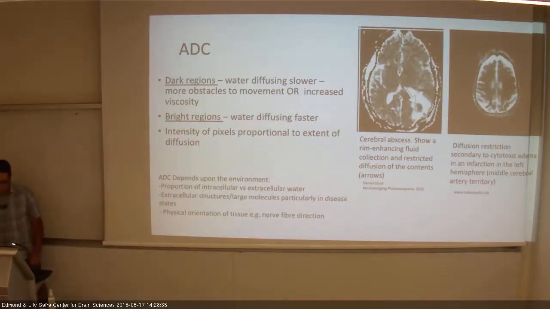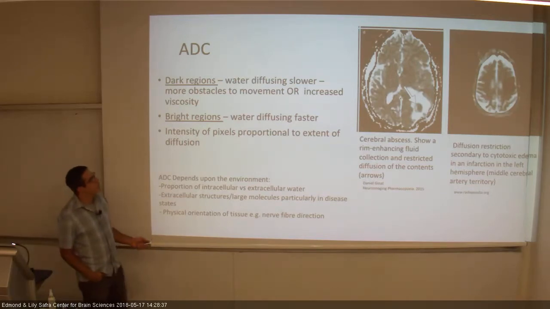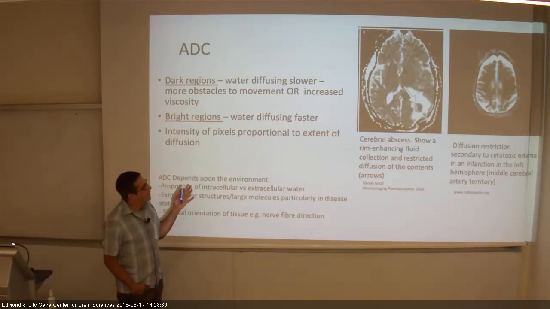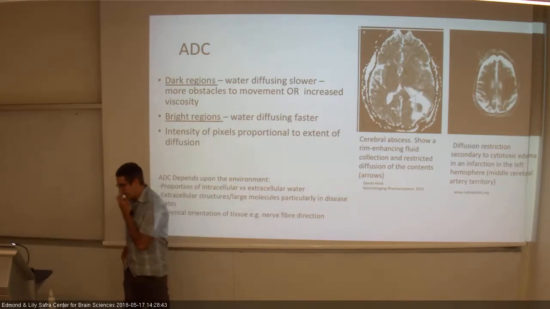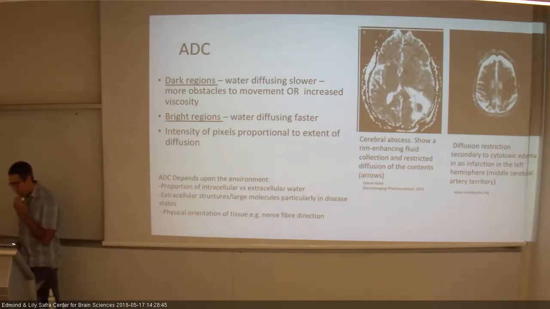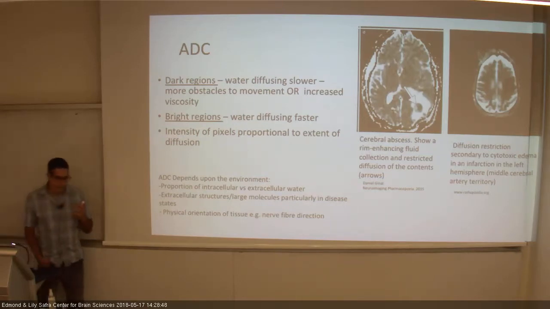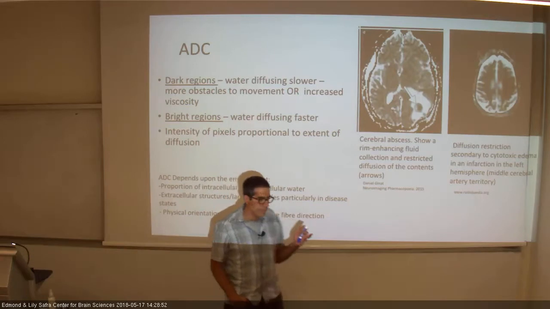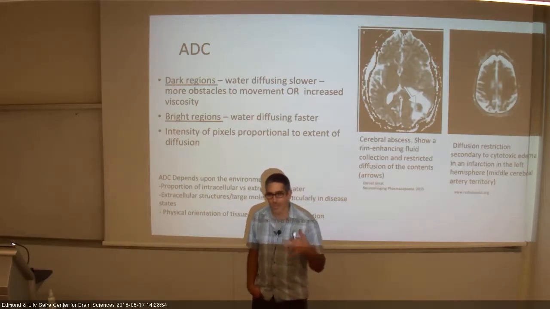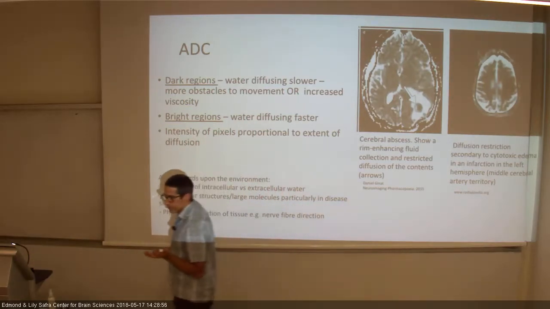Okay, so that was about the measurement of diffusion, the measurement of ADC, a little bit about the measurement of that in the clinic. But if we want to look and measure, say, the white matter in different orientations, what should we do?